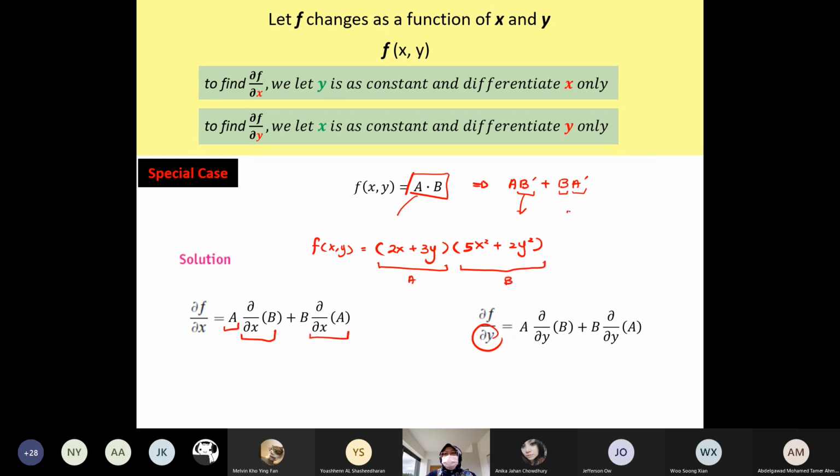So if you want to differentiate, find df over dx, for example.